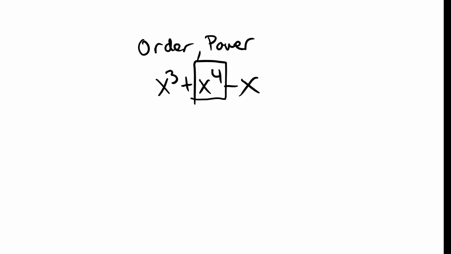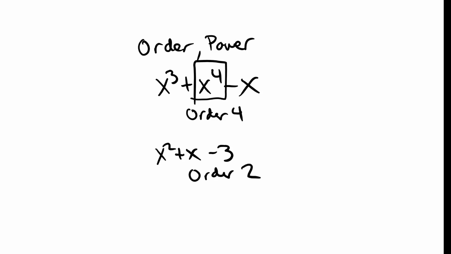So this would be an order or power of 4 function. Order 4. Another example, if I just have x squared plus x minus 3, we would have an order or a power of 2. And that's it for order and power. It just means what's the biggest power that a variable is raised to in your problem.